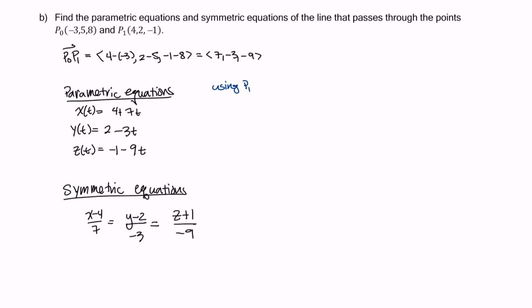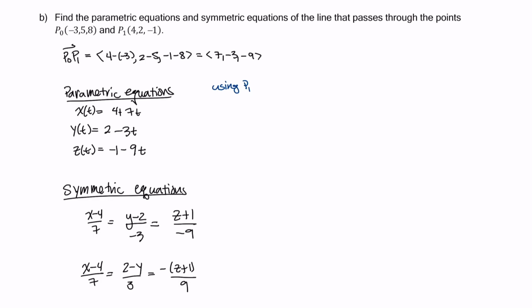And now let me write this just a little bit neater. You can also rewrite this middle one. So I have x minus 4 over 7 equals 2 minus y over 3 equals negative z plus 1 over 9. And either works. These equations are not unique.